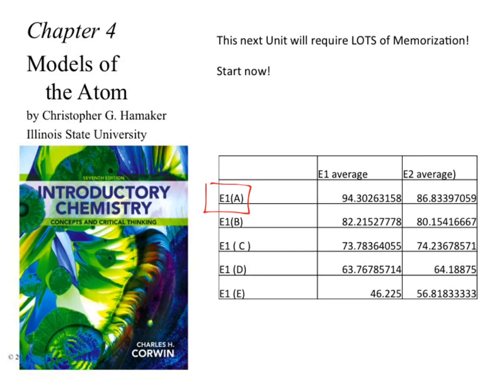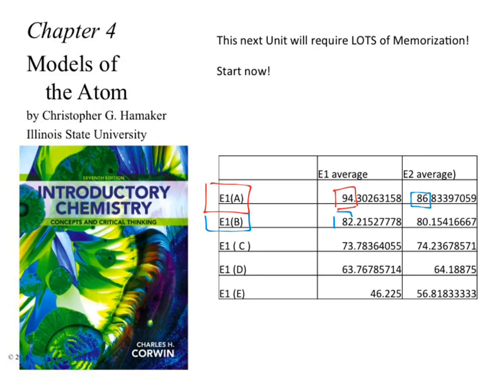to get an A, what was the average score? The average score came out to be a 94%. The average score for an A on exam 2 dropped to an 86%. That is a roughly 10 percentage point drop in the average to get an A. What happened to the average B grade?